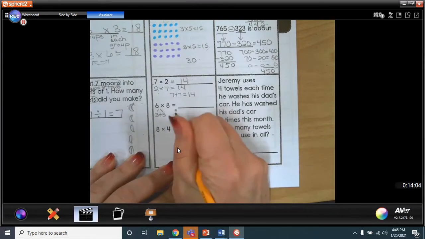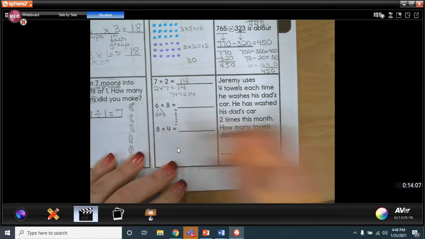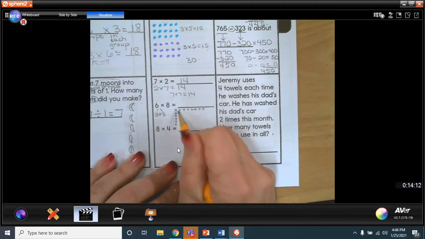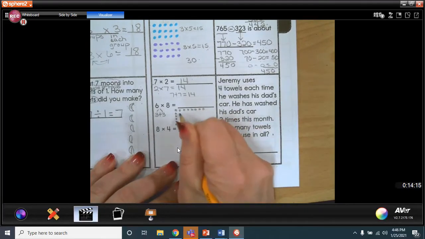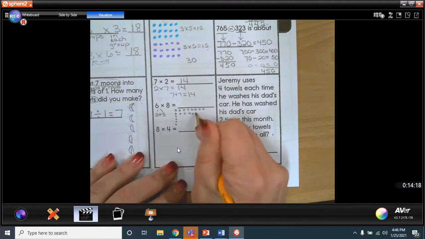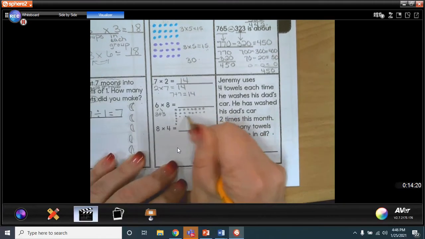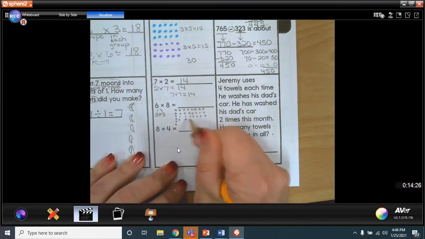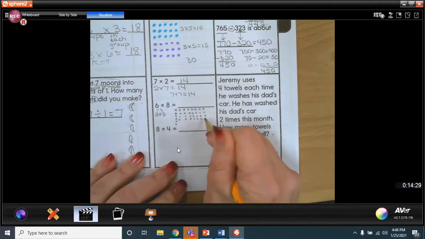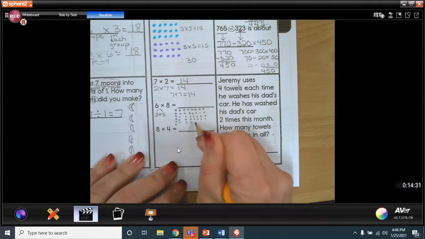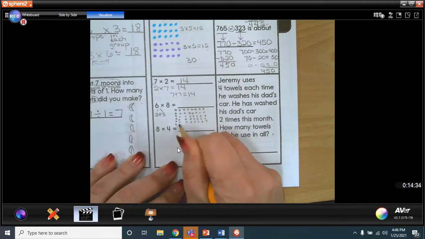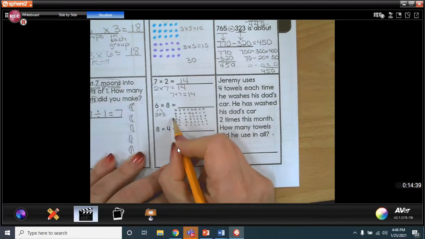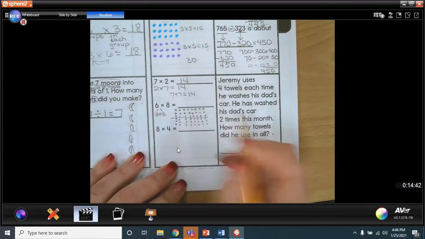If I have 6 rows with 8 objects in each row, 1, 2, 3, 4, 5, 6, 7, 8, I can use what I know about taking this array and breaking it up using the distributive property, because distribute means to make into smaller groups, kind of like division in a way. We're going to separate our rows into 3 groups of 8 and 3 groups of 8.